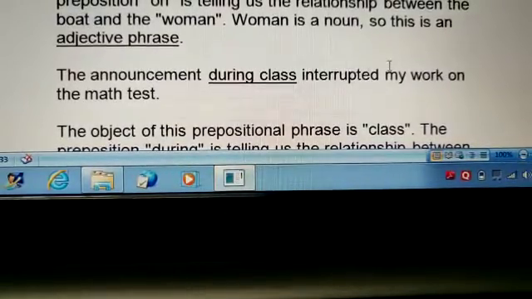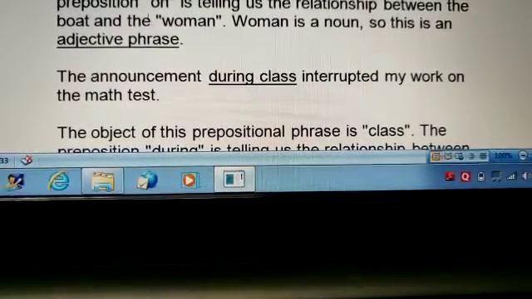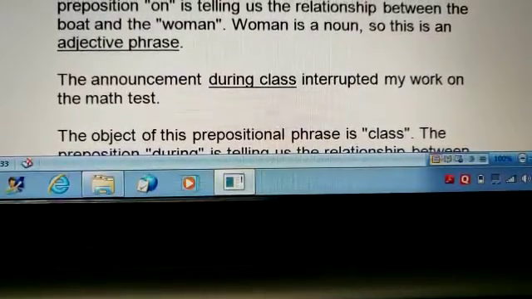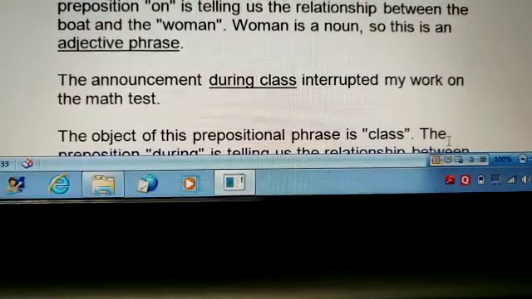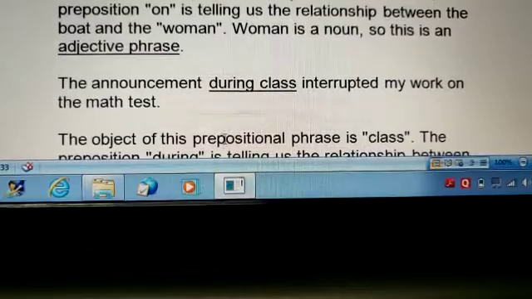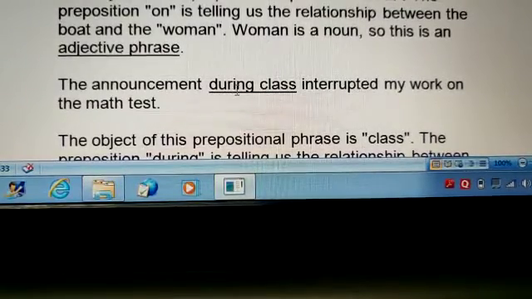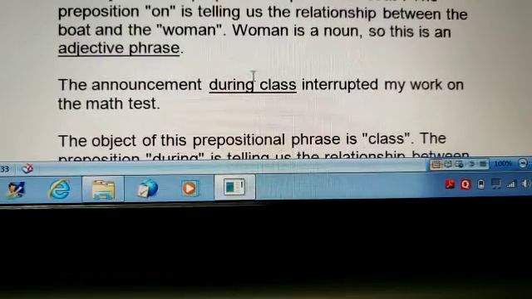No. See, we have during is a preposition. On over here is again another preposition, but there is no other relationship. So we will take this particular phrase during class as the prepositional phrase.